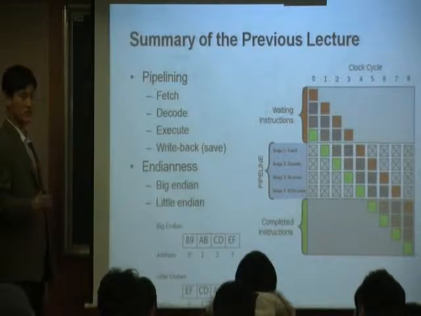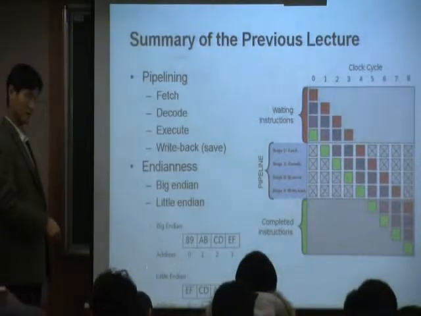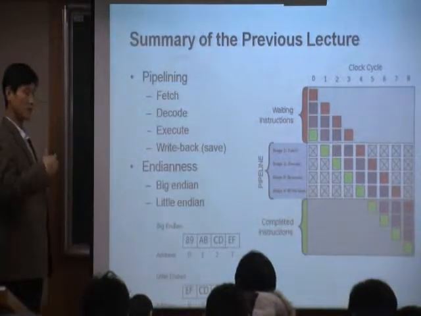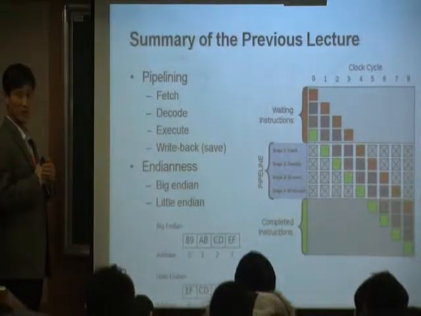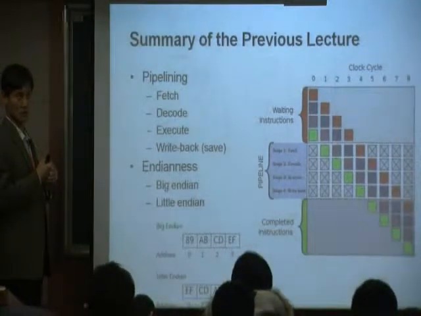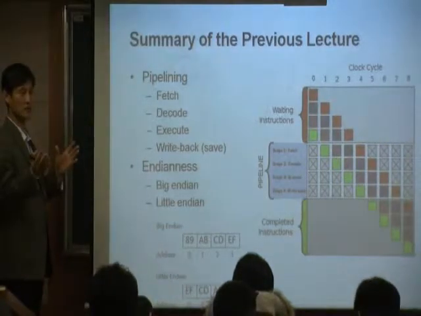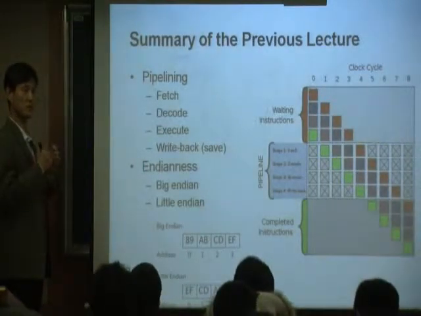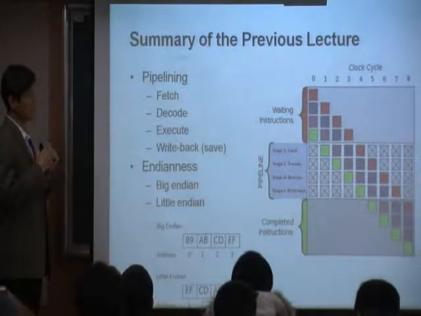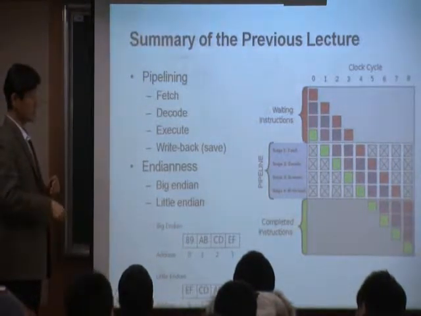Typically, Intel processors use little endian, this way. Okay? Other processors, such as the ARM processor, or maybe the 8051, use something else. For example, ARM is a popular processor, and those processors use big endian.